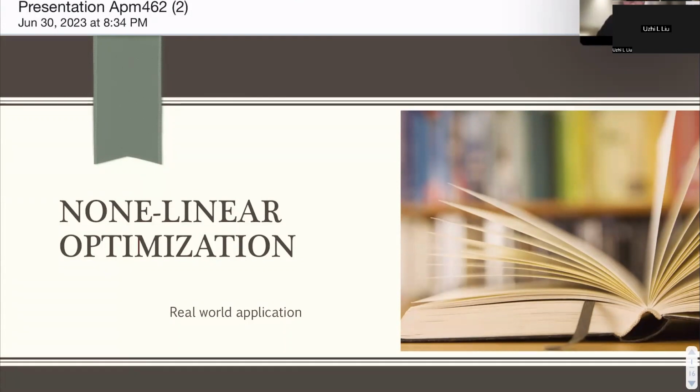So optimization is a very useful topic, and there are so many useful tools from mathematics that we can use to find maximum or minimum values. Let's get started.